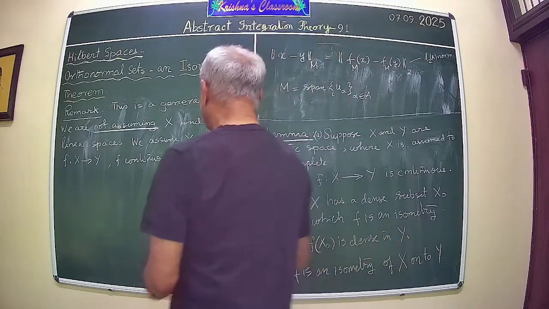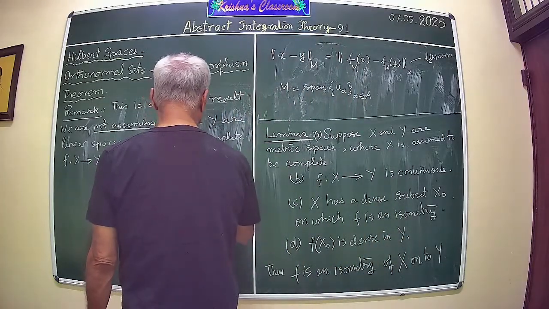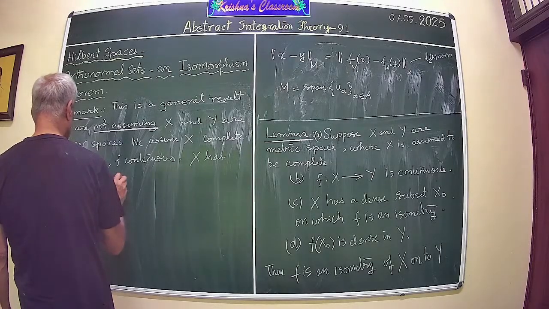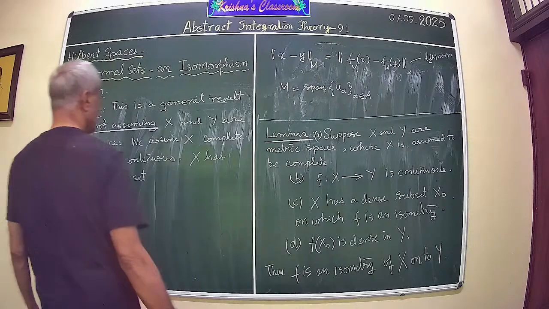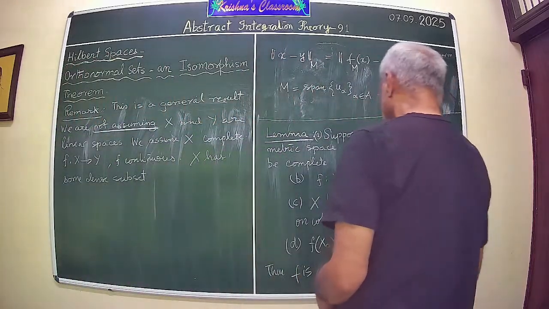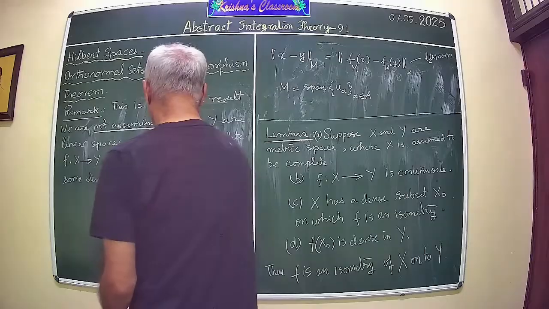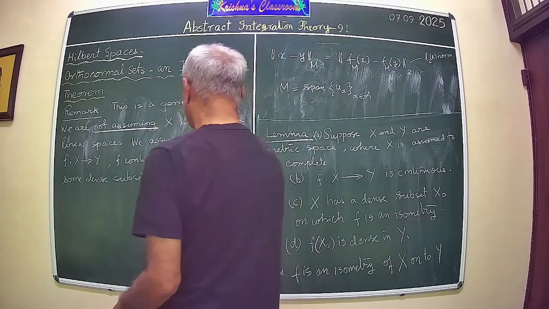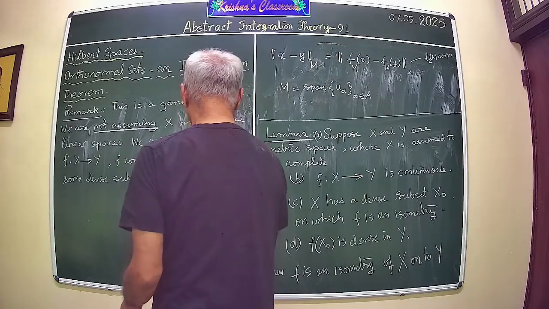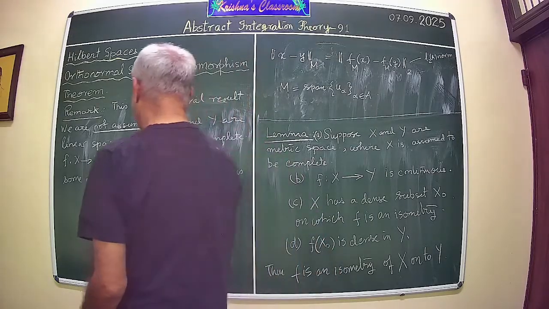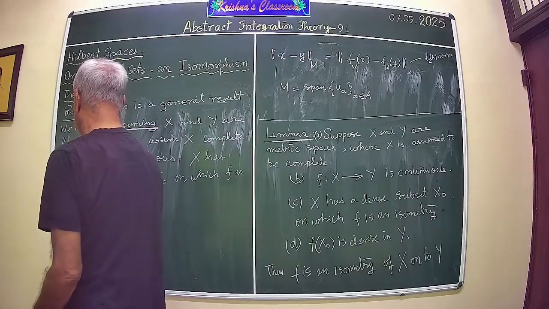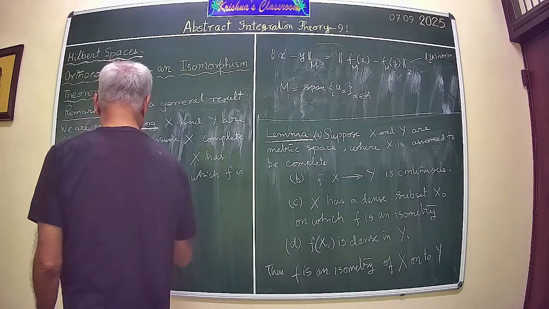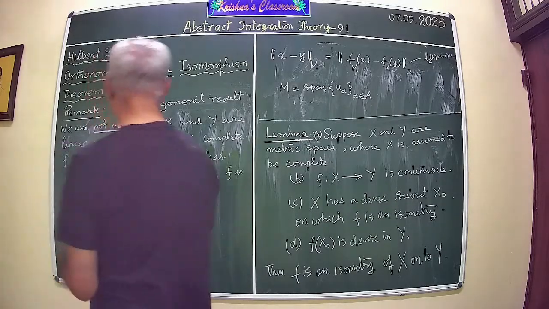Then X has some dense subset X naught on which f is an isometry. That is, the closure of X naught is equal to X is one thing.